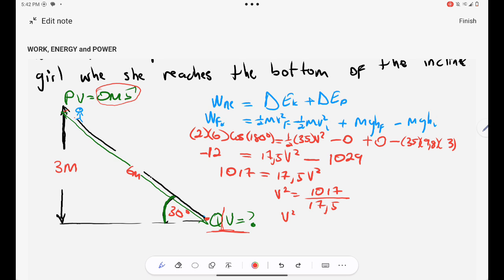Then I'll take the square root on both sides. This will simply give me an answer of 7.62 meters per second. Are we together?